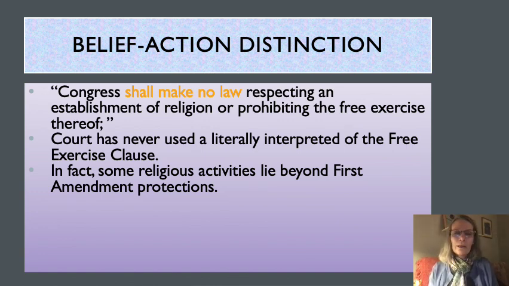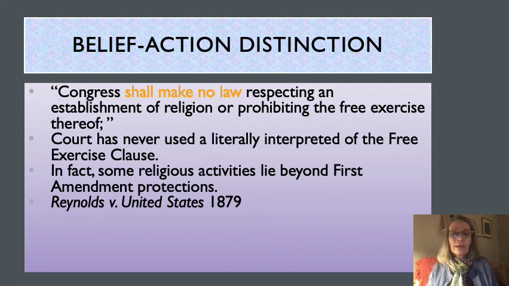And so the court has never literally interpreted the First Amendment or the free exercise clause, and in fact, they found that some religious activities do lie beyond First Amendment protections. The court deals with this in the case Reynolds versus the United States.